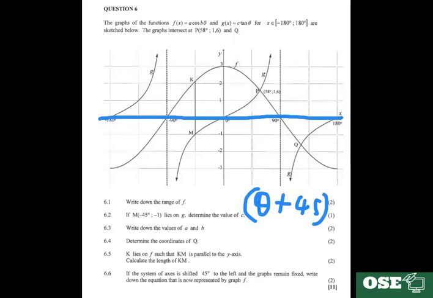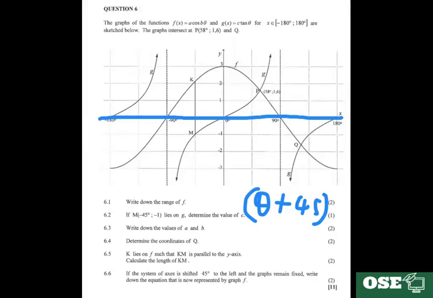So you're shifting the graph either to the left or to the right. So if theta is 45, instead of having cos 45, you're going to have cos of 45 plus 45, which is 90. So you're going to be looking for the answer for cos 90.